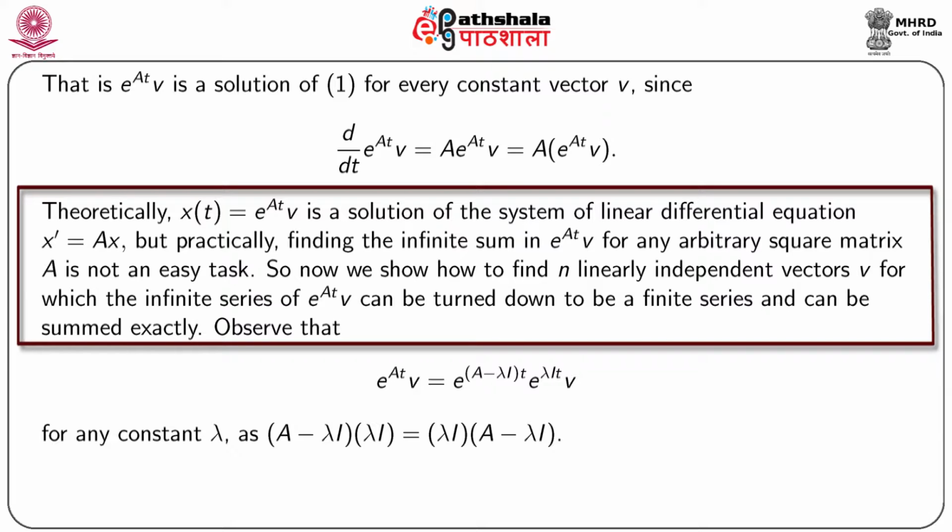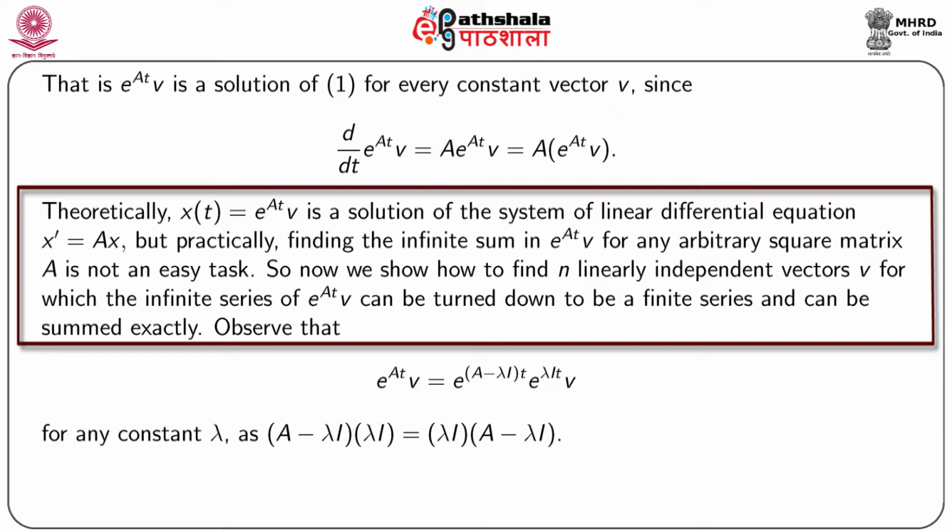So, now we show how to find n linearly independent vectors v for which the infinite series e to the power At times v can be turned down to a finite series and can be summed exactly.